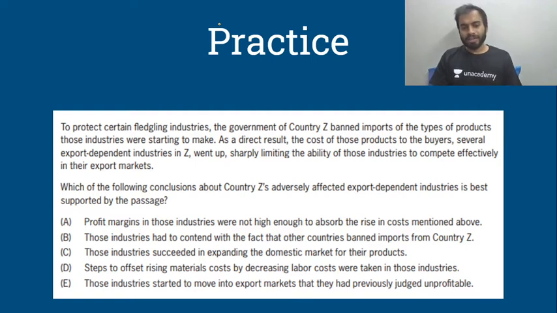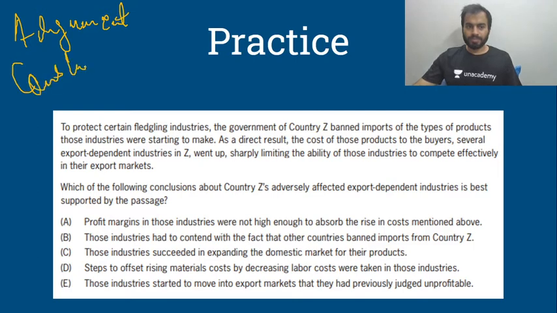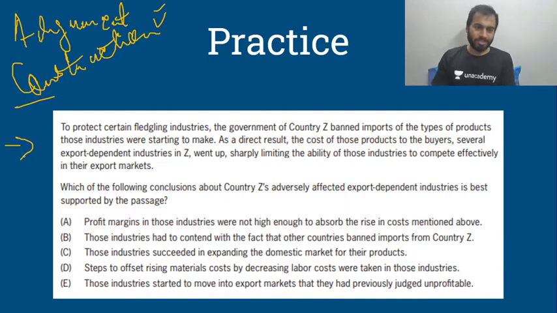Which of the following conclusions about country Z's adversely affected export dependent industries is best supported by the passage? Okay, so this, my friends, is an argument construction question. Very, very important argument construction question. Let's read the passage. To protect certain fledgling industries, the government of country Z banned imports of the types of products those industries were starting to make.